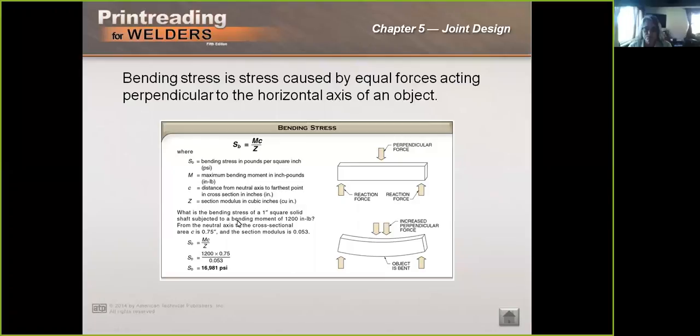From the neutral axis to the cross-sectional edge, C is 3/4 of an inch. And we're told the section modulus, Z, is 0.053. We plug those in, we crunch through our calculators, and we get a bending stress of 16,981 or 17,000 psi.